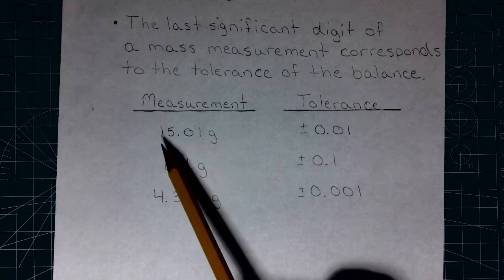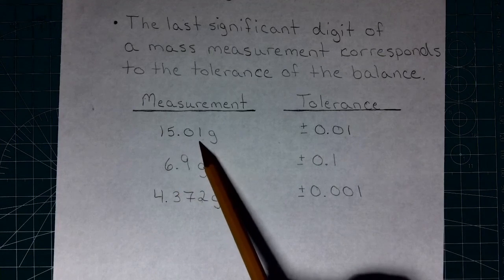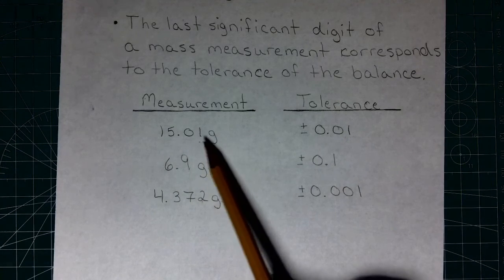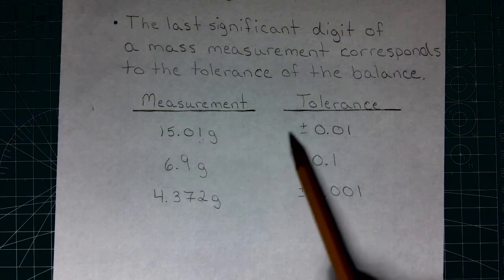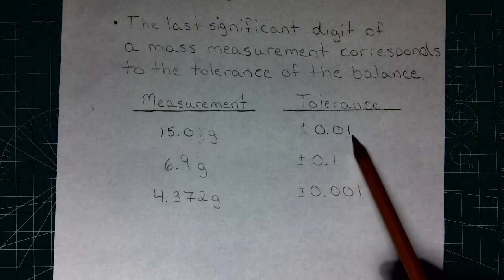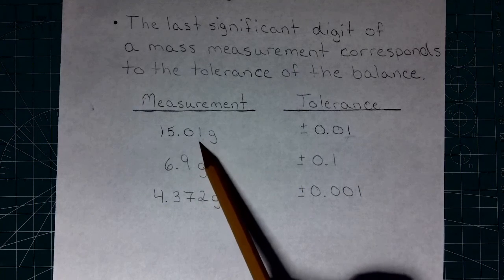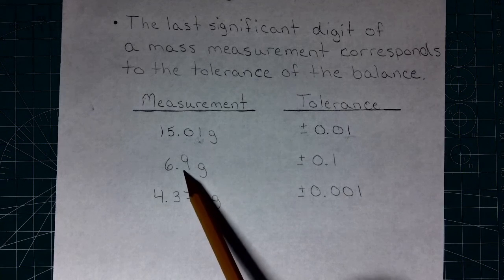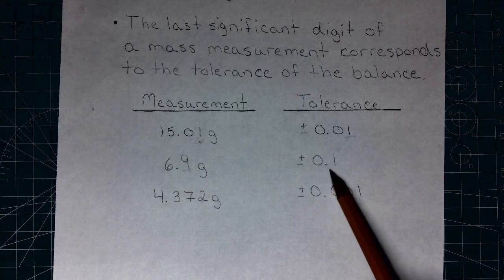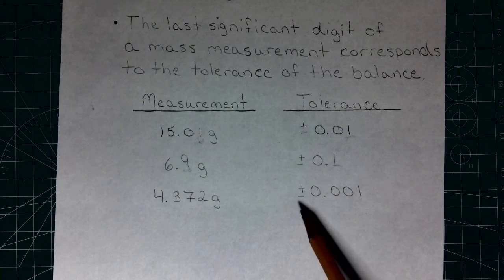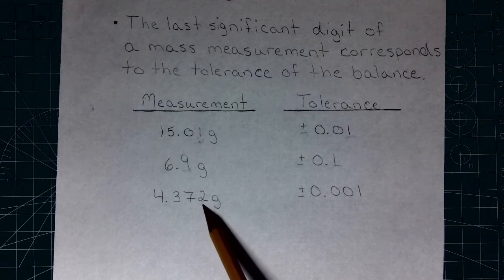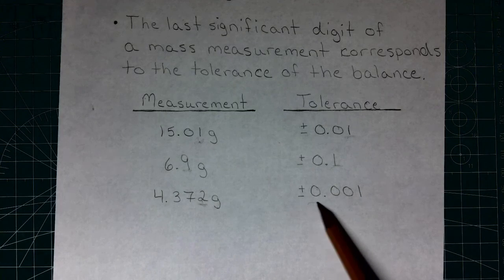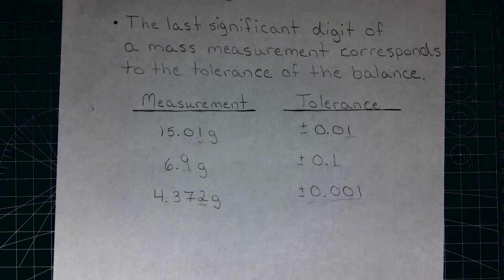So if it says 15.01, it could be 15.00, it could be 15.02, it could be any value in between those two. So you can see here that the last tolerance is in the hundredths place and the last part of our measurement is in the hundredths place. Similarly here we have the tenths place for a balance with the tolerance in the tenths place, and then to go all the way out to the thousandths place we need a balance with the tolerance out to the thousandths place.